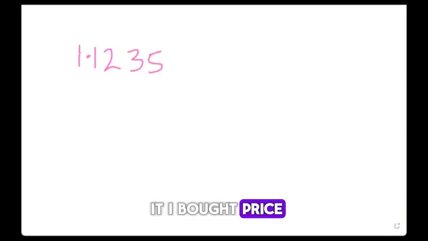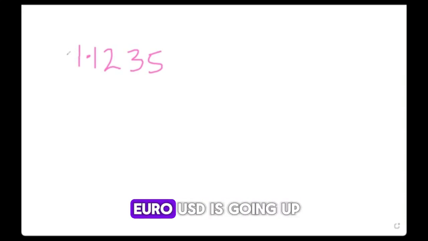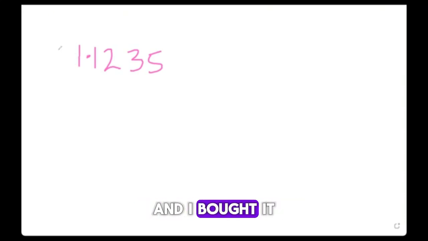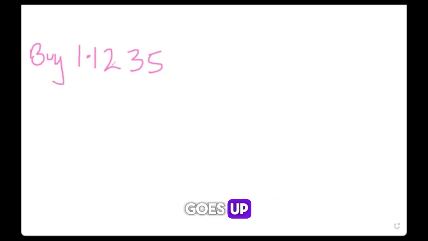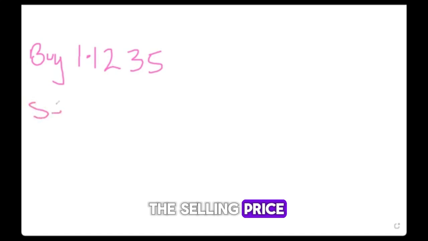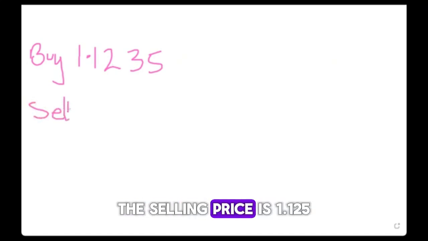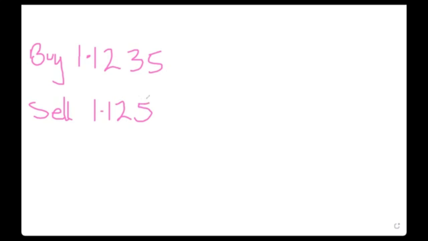I bought that maybe Euro USD is going up and I bought it at this price, this is the buying price. All right. And then when it goes up, I now sell it. The selling price is 1.1257.